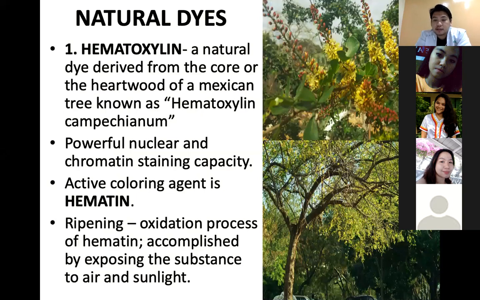Now let's go to our natural dyes. A very good example is hematoxylin. Hematoxylin is a natural dye derived from the heartwood of a Mexican tree known as Haematoxylon campechianum. It has powerful nuclear and chromatin staining capacity, and the active coloring agent is hematin.